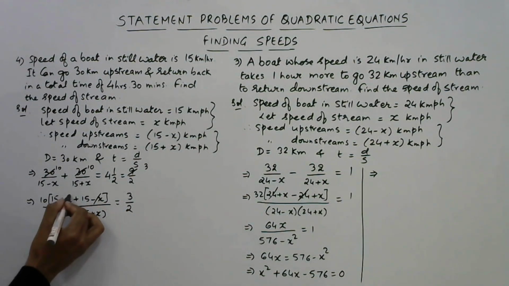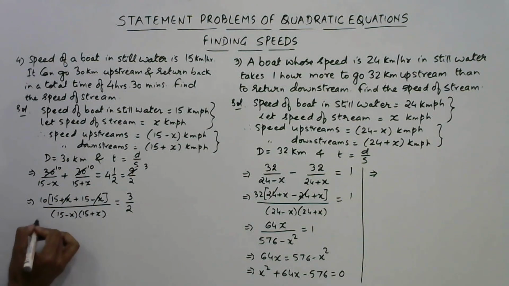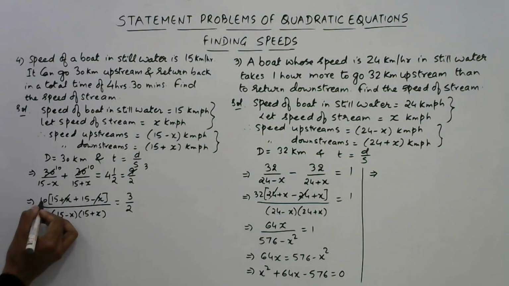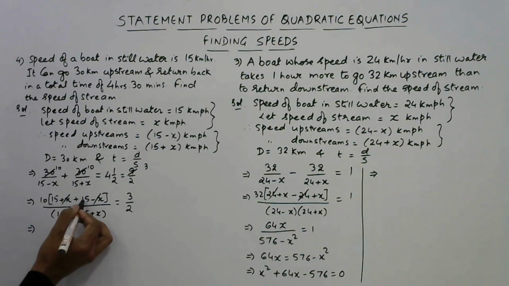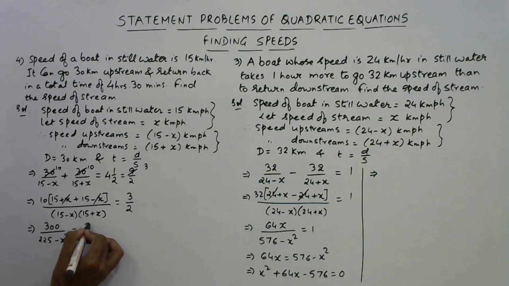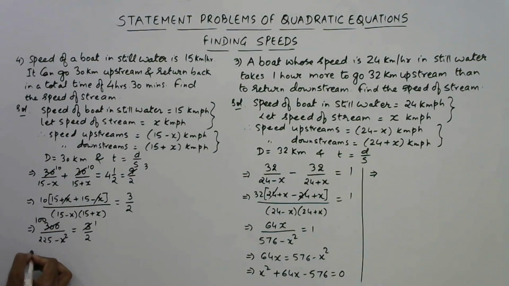So x gets cancelled, and if you simplify this, this is 15 plus 15, 30. 30 into 10 is 300 upon a minus b, a plus b, 225 minus x square, equal to 3 upon 2. Again 3 gets cancelled by 300, 100 times, and you can cross multiply this now.